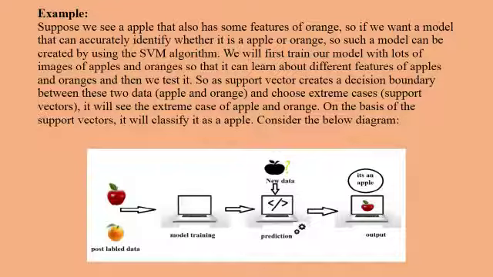Then support vectors create the decision boundary between these two data, apple and orange, and identify whether it is apple or orange. In our example, the machine classifies the new data with the help of the SVM algorithm and identifies it as an apple. That is the output.